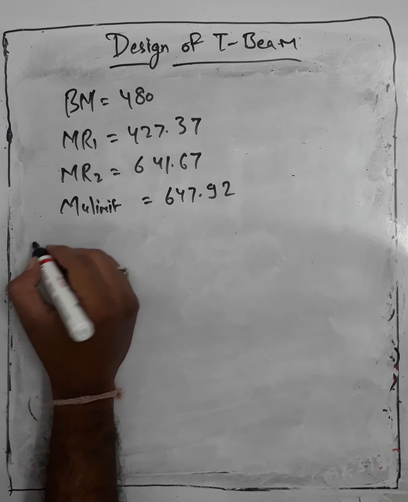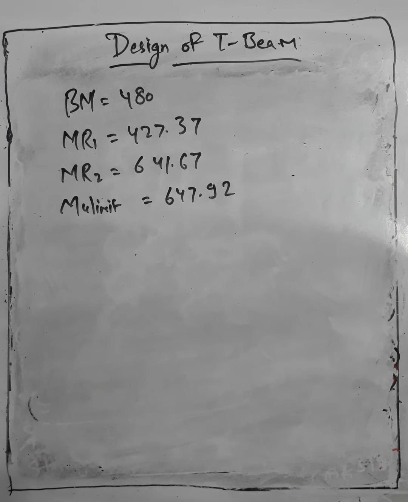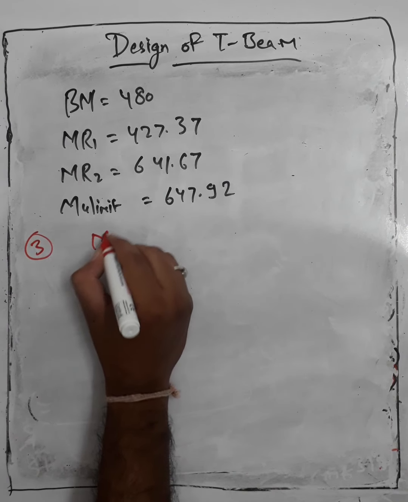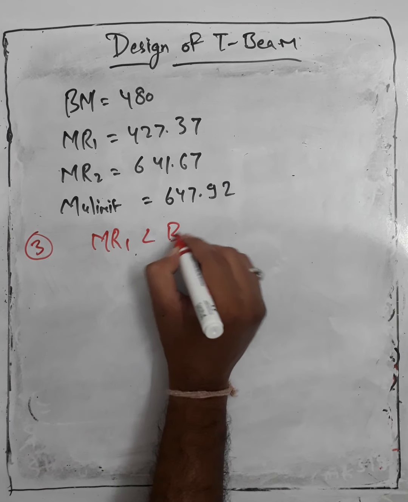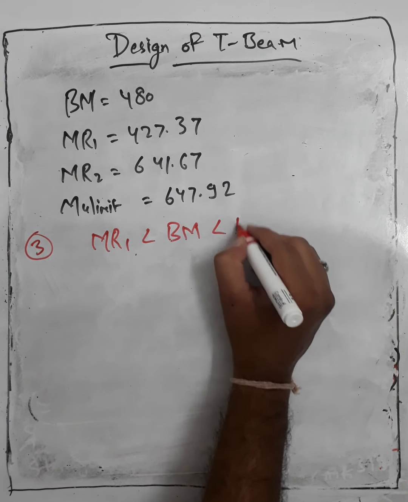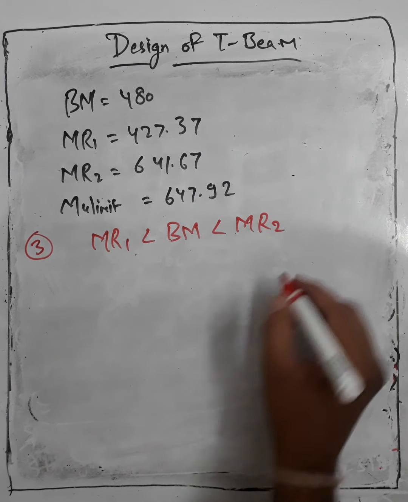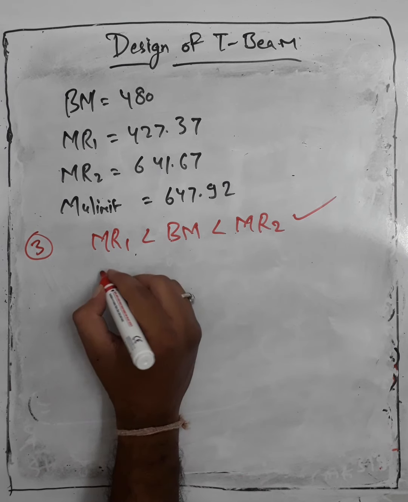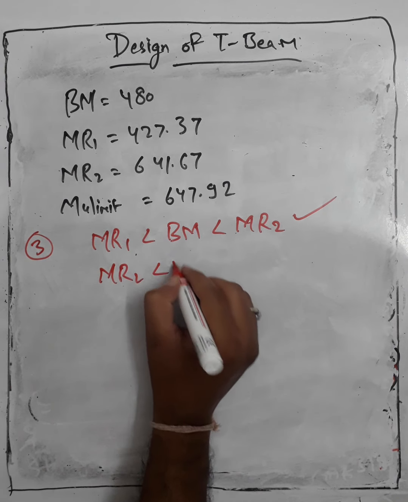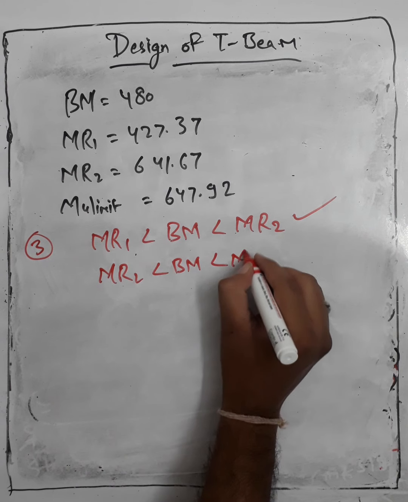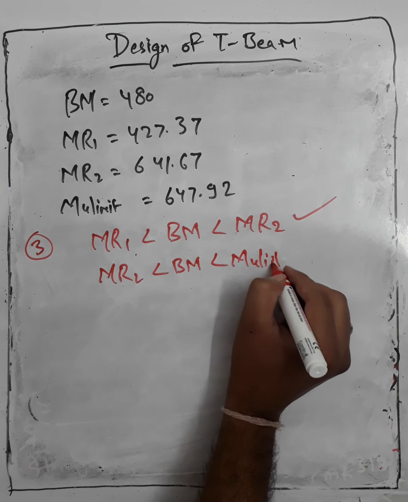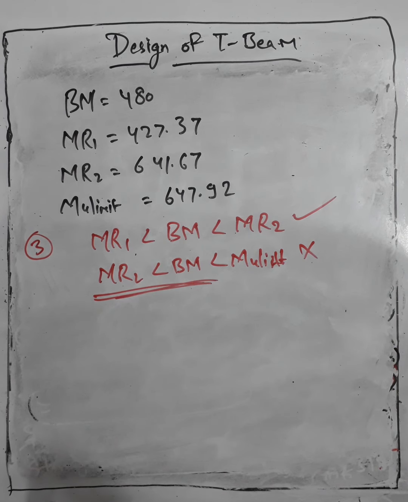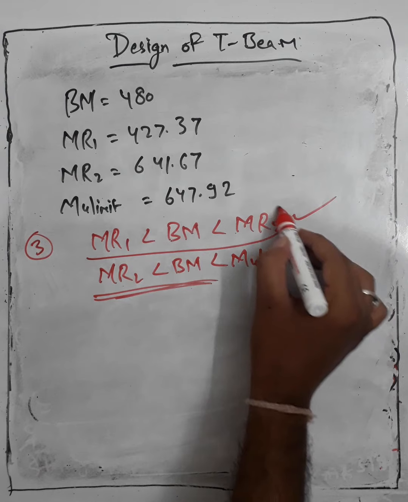So we have a few cases for that, and here we use the third case. Mr1 is less than the bending moment, and the bending moment is less than Mr2. This is the same. Now if we take Mr2 less than the bending moment and less than Mu limit, it is not possible because this condition does not hold here.